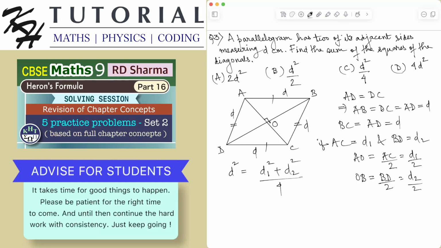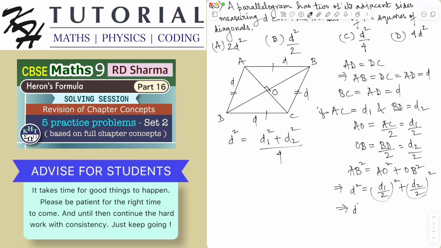Now applying Pythagoras theorem in triangle AOB, AB square is equal to AO square plus OB square. AB is d, so d square is equal to d1 by 2 square plus d2 by 2 square. If you simplify the right hand side, it will be d1 square plus d2 square by 4.